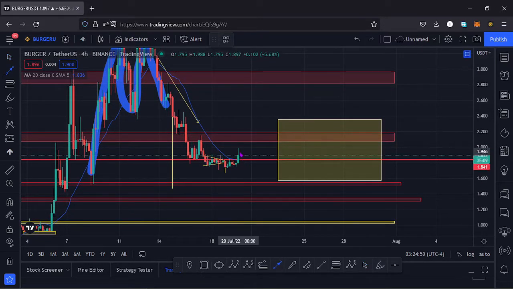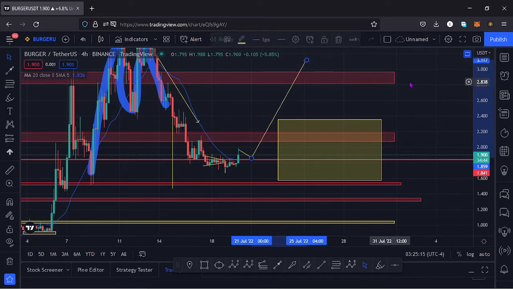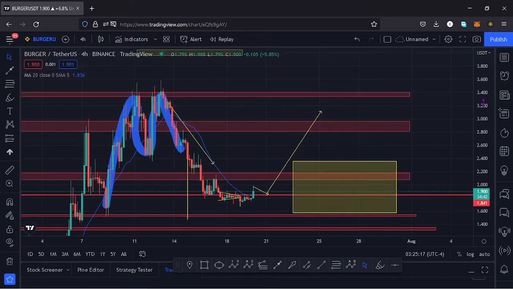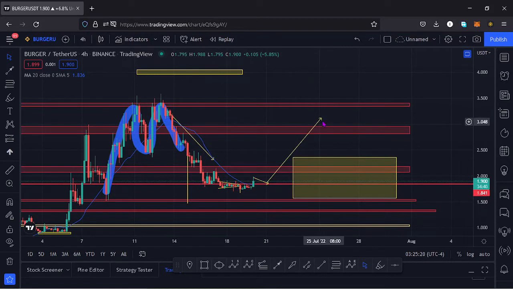It's possible that, now that we have broken above a key area of resistance, we also find a successful retest of that area, then continue pushing to the upper side, break above this key area of resistance between the $2 mark and the $2.21 mark, and then once that happens and we have a successful retest, we can then continue pushing to the upper side and maybe unlock even higher prices and maybe get back to around the $3 mark.